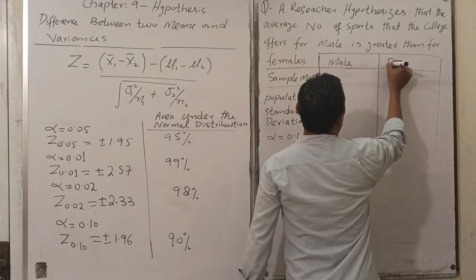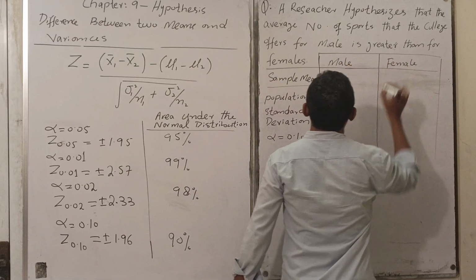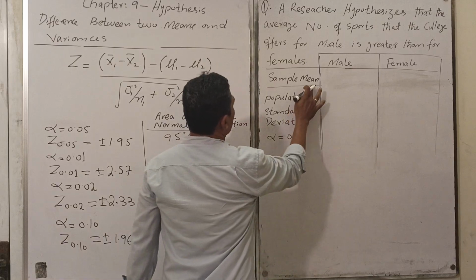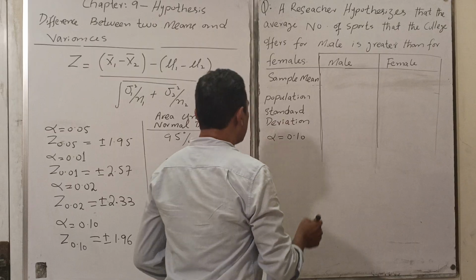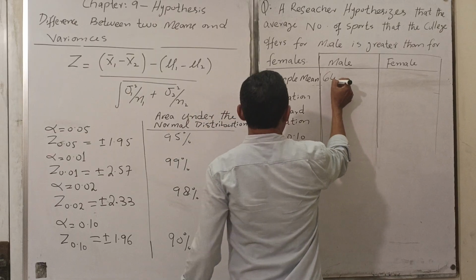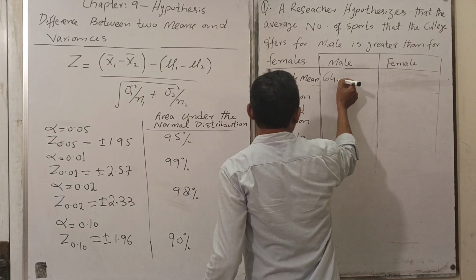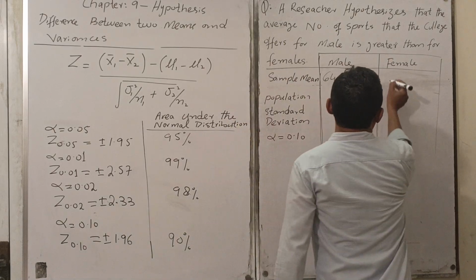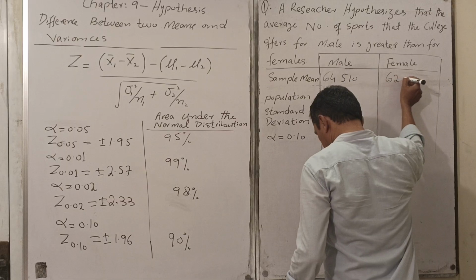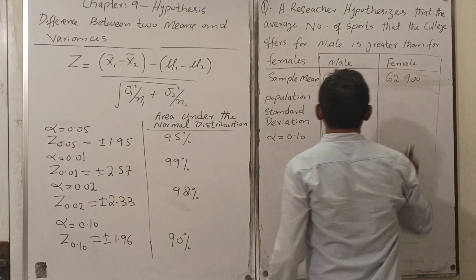Males and females. Okay, so what about the sample mean? Sample mean is given, for example, 64,510 and 62,900.